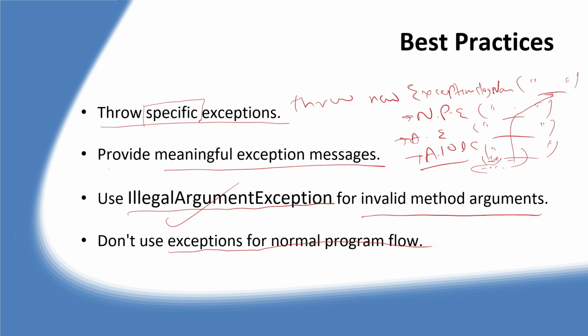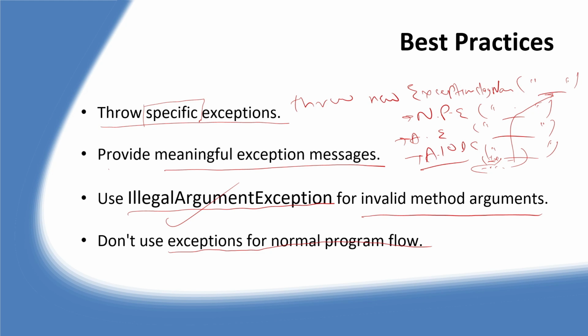So these are the points we need to keep in mind while writing the code. These are the best practices. So always throw the most appropriate exception type and include a meaningful message. Exceptions should represent exceptional situations, not be used as a substitute for normal program logic.